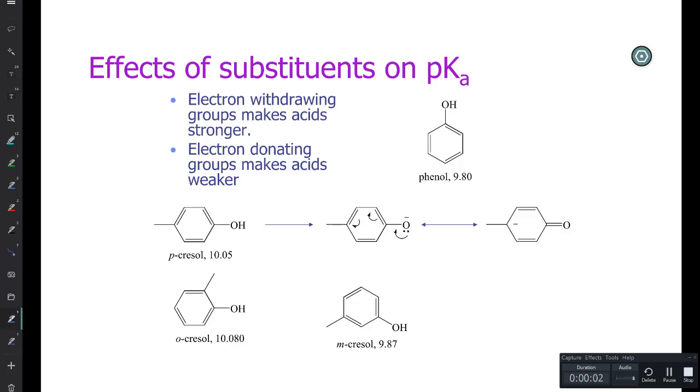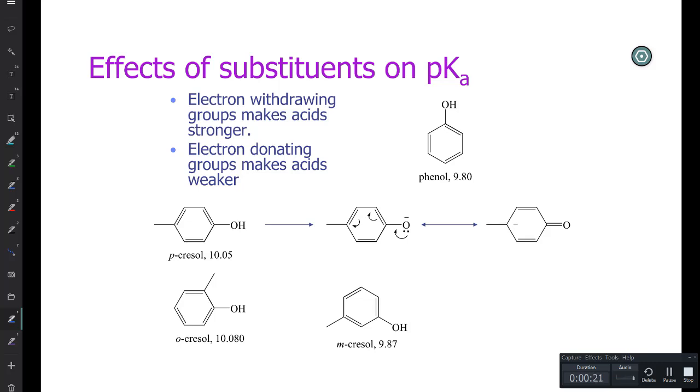I should point out, we've talked about this early on last semester. We talked about Chem 1B. Electron withdrawing groups in general tend to make acids stronger. We've never really talked about it too much in the context of aromatic rings, but it's still true with aromatic rings.